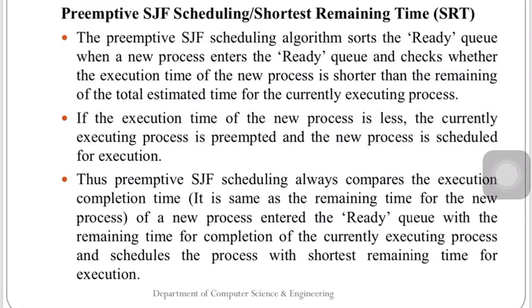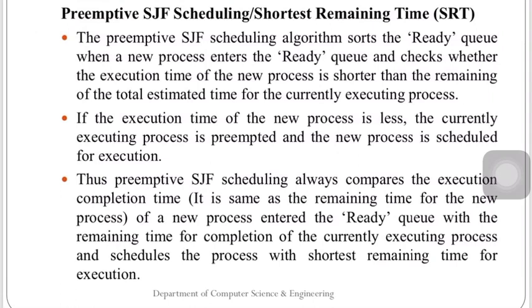Okay, so simply if there are many processes in the ready queue, it will check first who is taking the lesser time. So that particular process will be scheduled first for execution. Then the next one which is taking lesser time, and the next. So that's how they will schedule those processes.